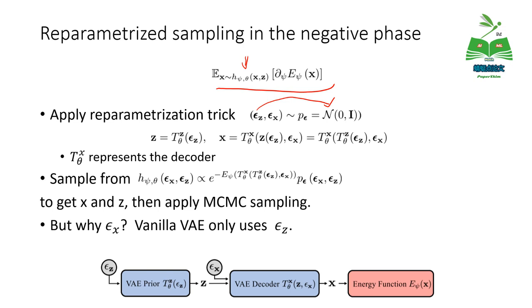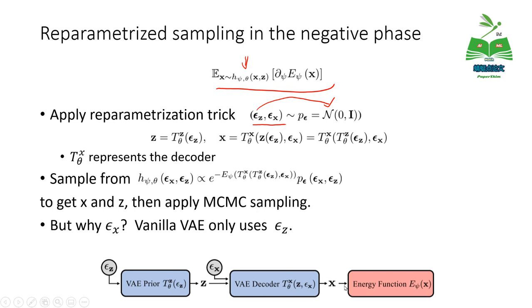They consider the joint space of epsilon z and epsilon x, both from the normal distribution. Then we can see from this figure, they get the epsilon z to sample the z, and then pass the z with the epsilon x together to the decoder to get the x. So they sample x with this formula.